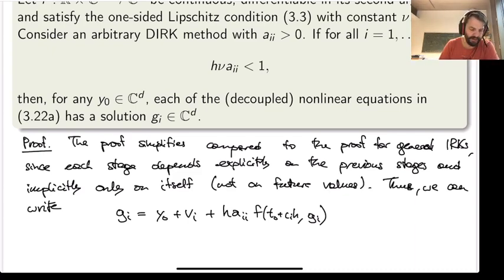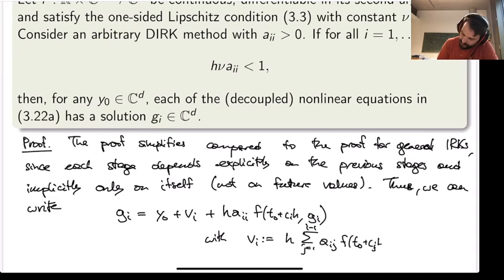The important bit being that we set v_i, we substitute the previous stage values here: the sum for j equals 1 to i minus 1 of a_ij f of t0 plus c_j h, g_j. That's 3.2.9, that's 3.2.8.